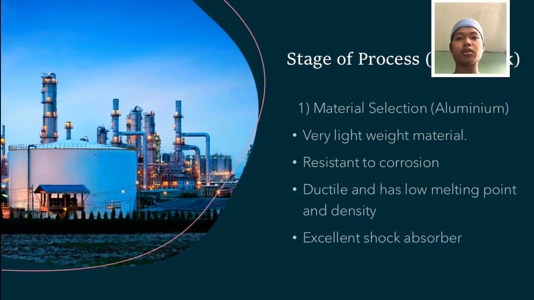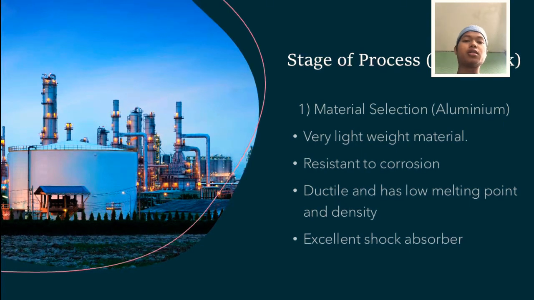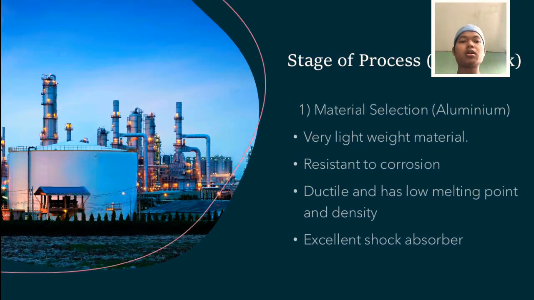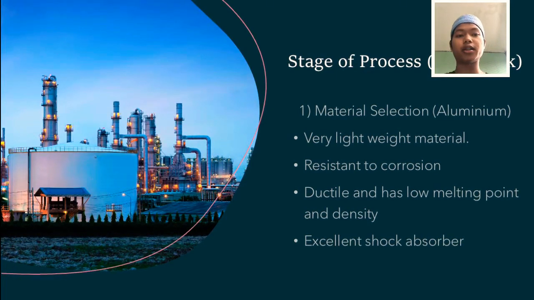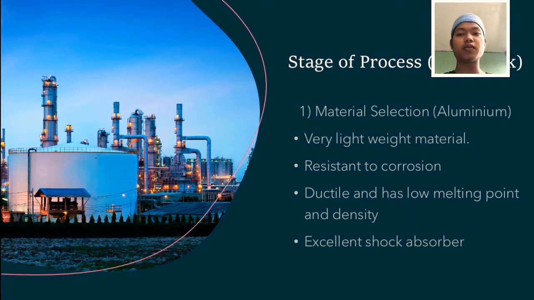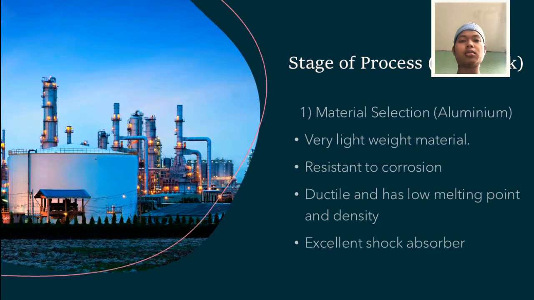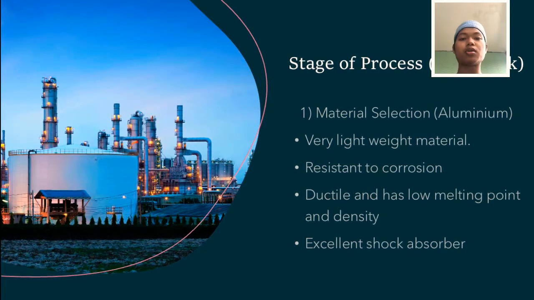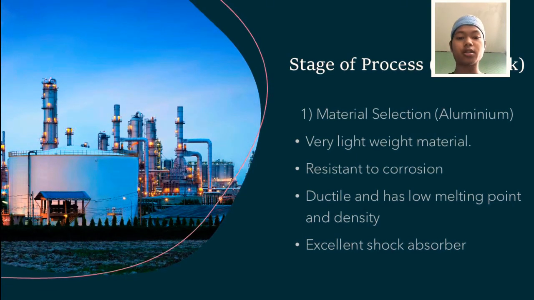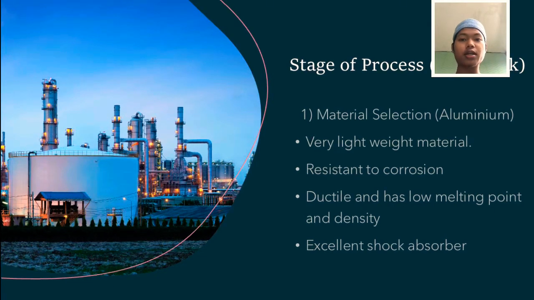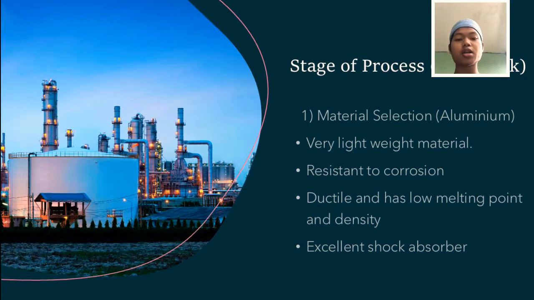First, we go to the material selection process. For material selection, aluminum has been selected as our main material for manufacturing the fuel tank, because aluminum is a very light material with a specific weight of 2.7 g per cm. Aluminum is also resistant to corrosion, because aluminum naturally produces a protective thin outside coating which keeps the metal from further contact with the environment that can cause corrosion.